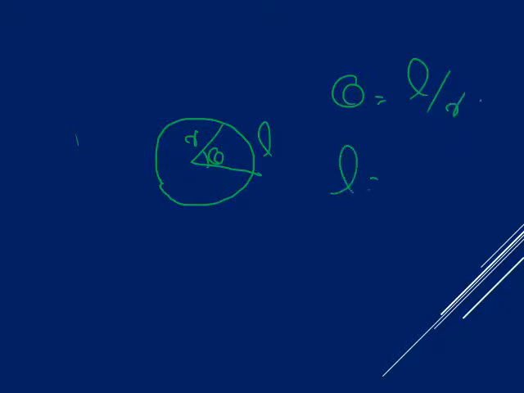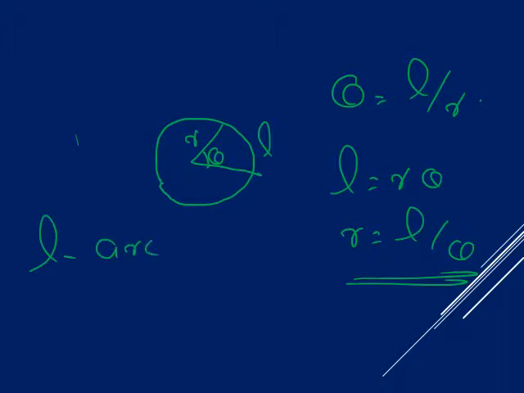And another thing, always remember, if a circle is there and L is the length of the arc, R is the radius and theta is the central angle, then theta is equal to L by R, or L is equal to R theta, or R is equal to L by theta.